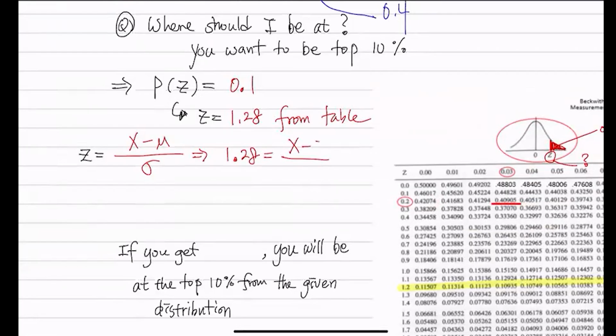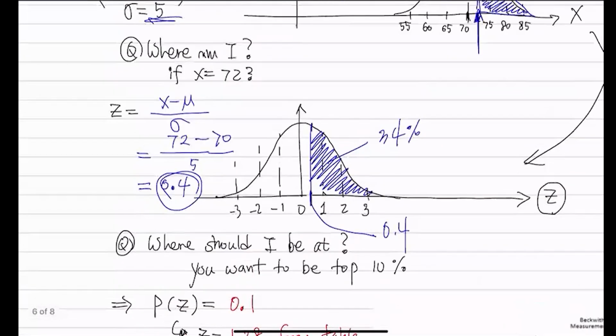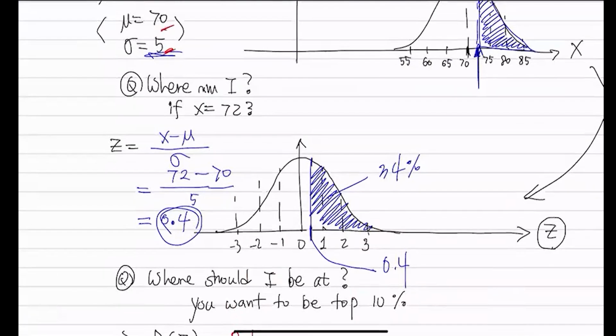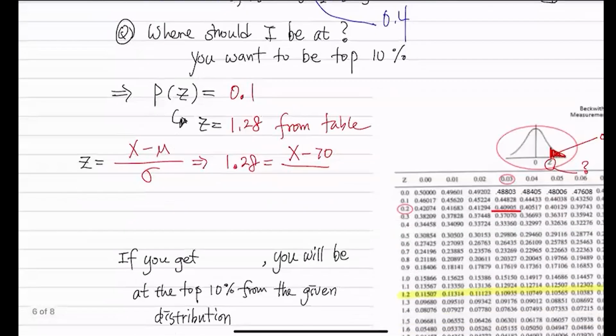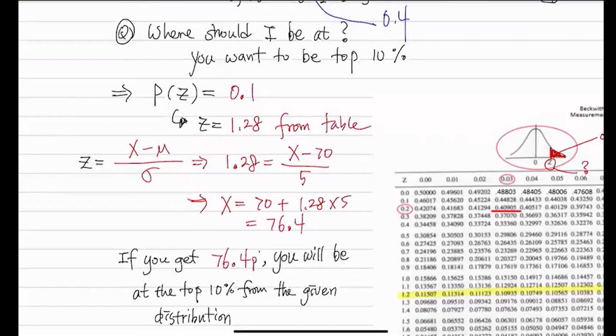Mu was 70. Is that right? Yeah, mu is 70 and sigma is 5. So divided by 5, you do the math. And that is 70 plus 1.28 times 5, and that is 76.4. So if you get 76.4 points, then you'll be in the top 10% of the given distribution.